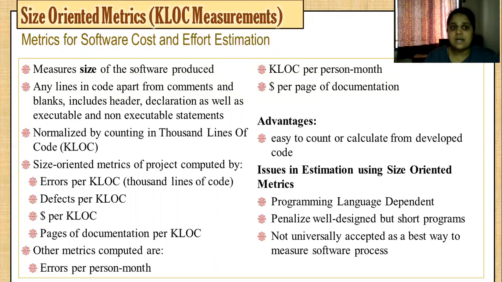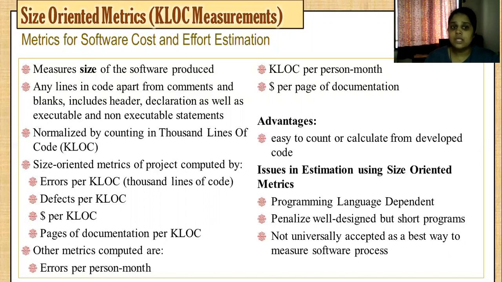So you can say that any line in a code apart from comments and blanks is said to be a line of code. And it includes headers, declarations, and also executable and non-executable statements. So apart from comments and blanks, everything in your code is said to be a part of your line of code.